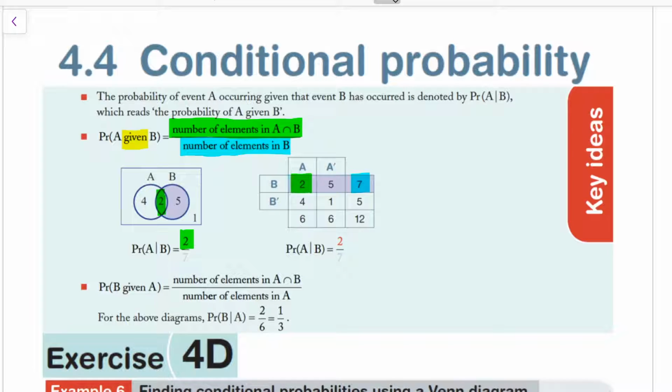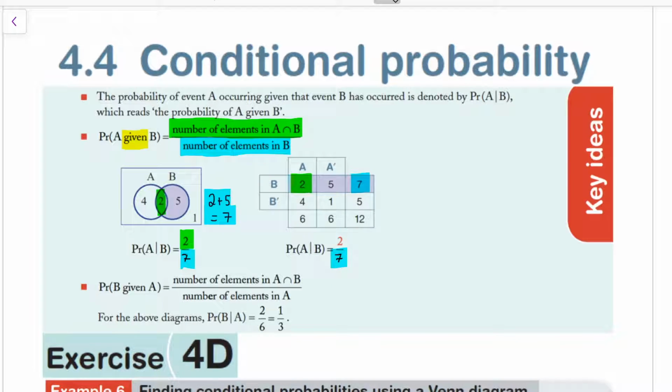If you're going to look just purely at the Venn diagram, you will need to remember that you're going to have to go 2 plus 5 because it's for B. That's probably the only thing to watch when looking at a Venn diagram, and that's how we get the 7 at the bottom.